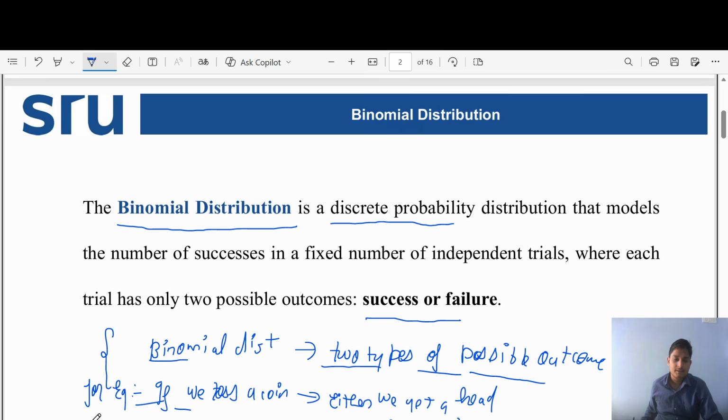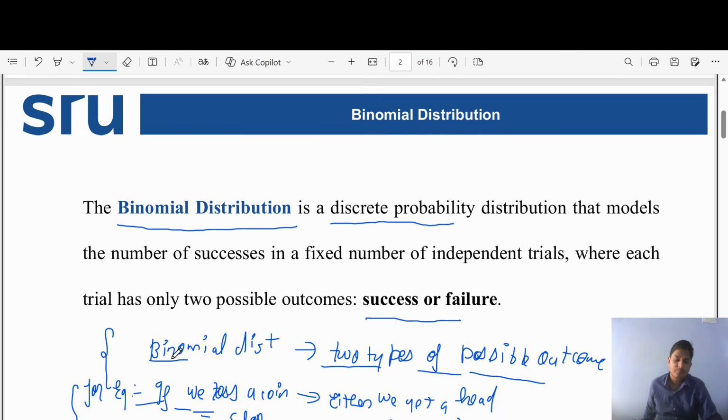If we consider another example, such as counting the number of pass and fail students in a class, then this is also a binomial distribution, because in both these examples there are two cases of outcomes.